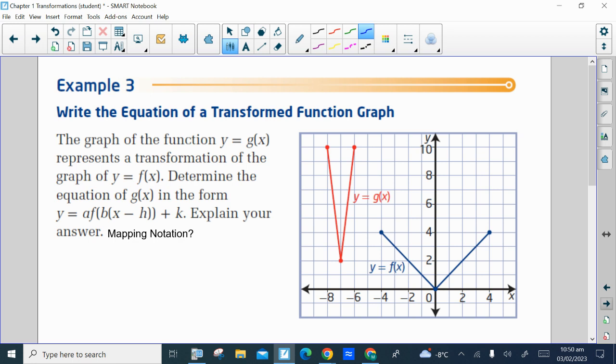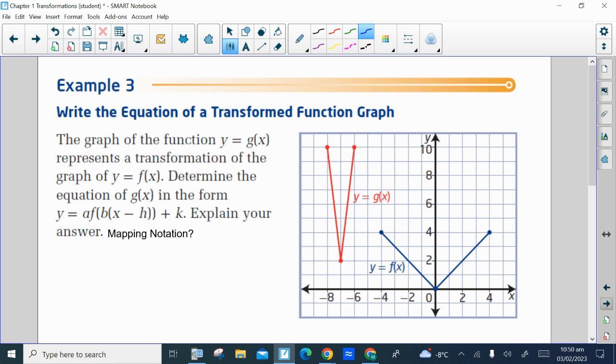So now we want to write the equation of a transformed function. We want to write the equation for g of x in the form y equals af(b(x minus h)) plus k. So when you look at these graphs, you should immediately notice two things, maybe three things. One, the orientation didn't change.